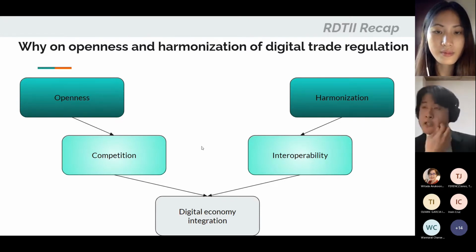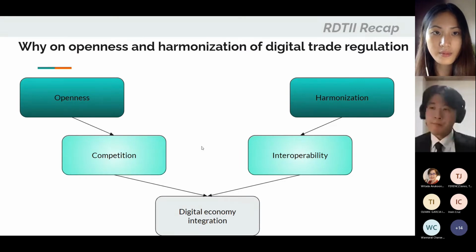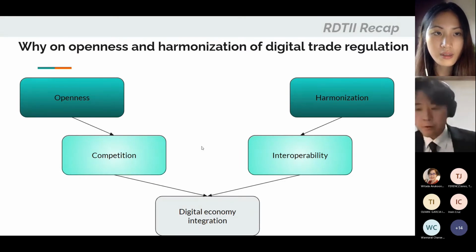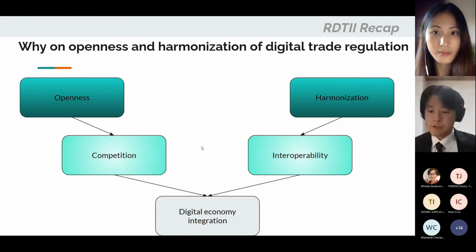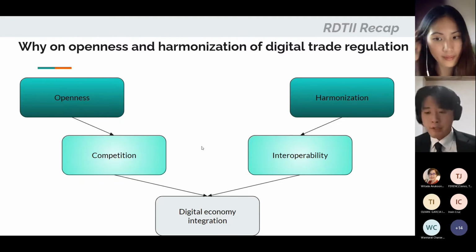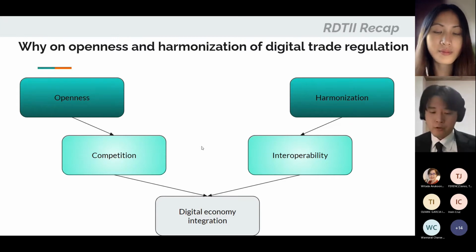And on the part of harmonization, harmonization increases interoperability of business in digital trade. This means that because regulations across different economies in the same region are similar or harmonized, businesses feel more at ease to operate their business and to export their products to those economies.